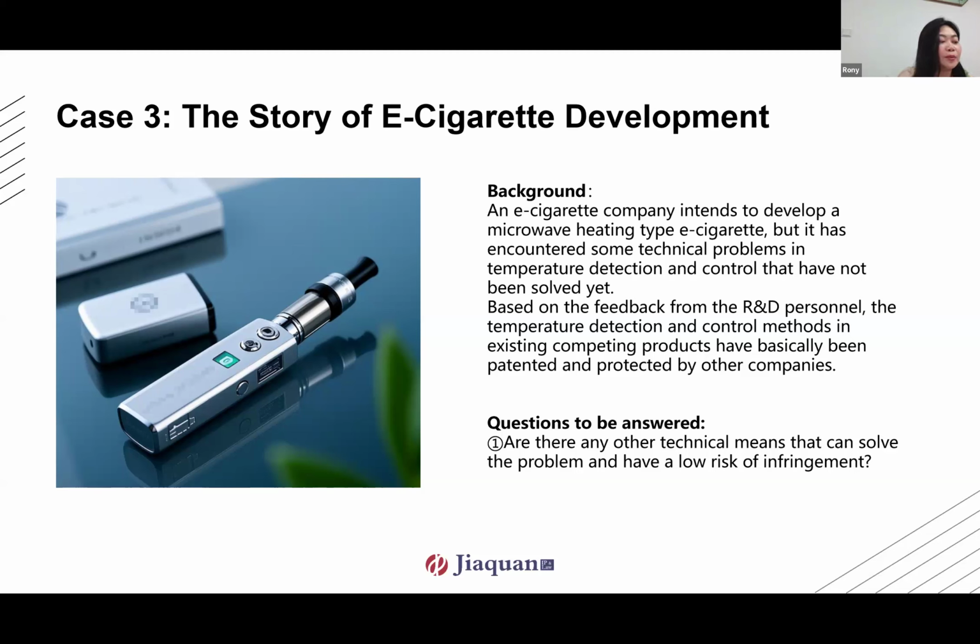If they develop the product according to their original technical plan, they are likely to face significant infringement risk. So they came to us hoping that we could explore other technical implementation methods together with them. And in this way, they can not only solve the technical problems, but also reduce the infringement risk to some extent.